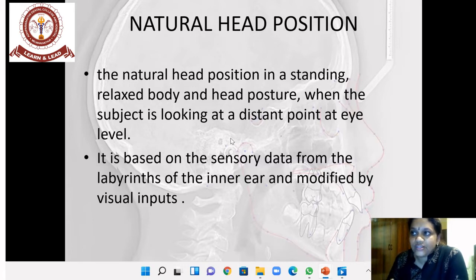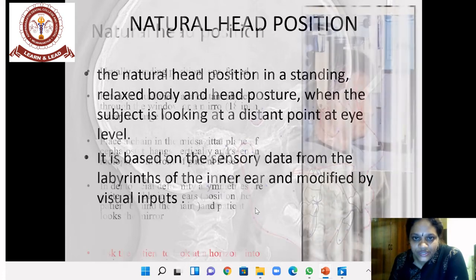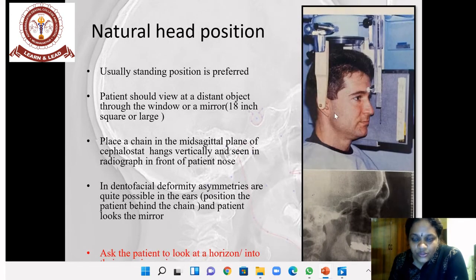That is, we make the patient stand in a relaxed position and see a distant object so that his mandible will automatically align parallel to the floor. This happens by the sensory data from the labyrinth of the inner ear, modified by the visual inputs. Once you achieve the natural head position, then the cephalometric has to be taken.